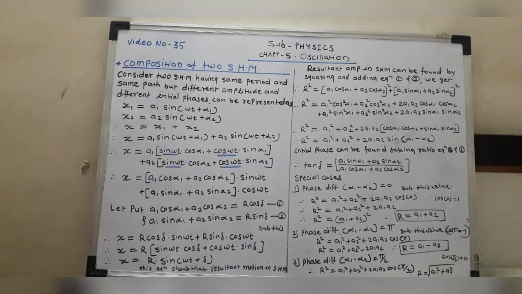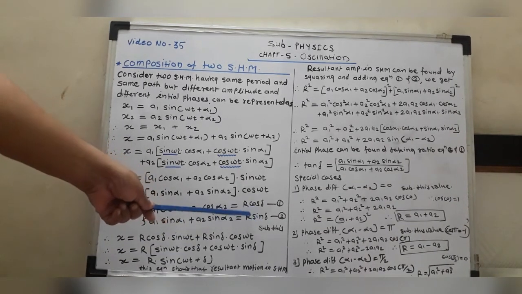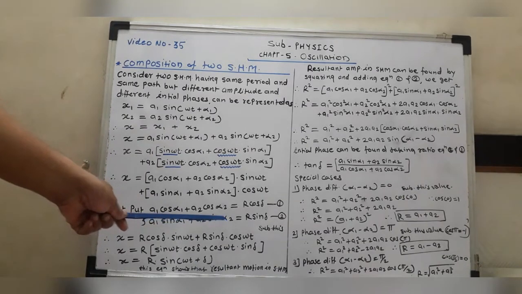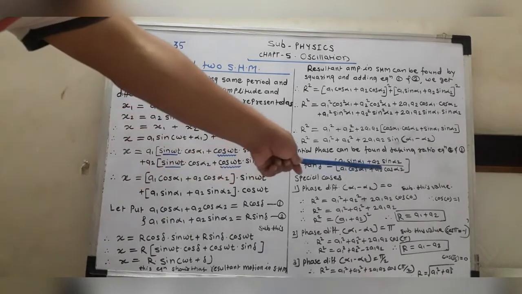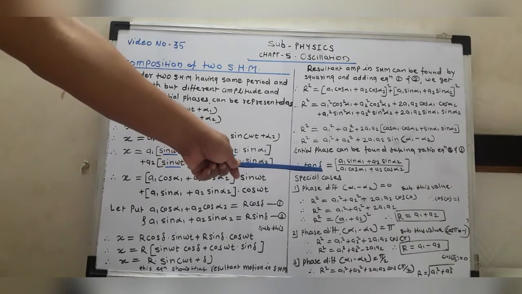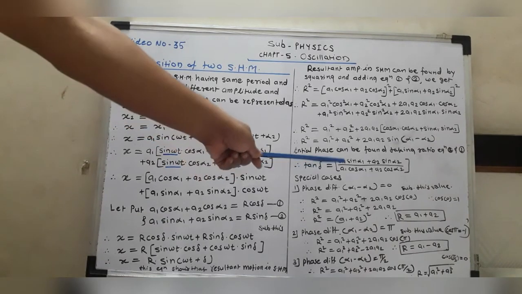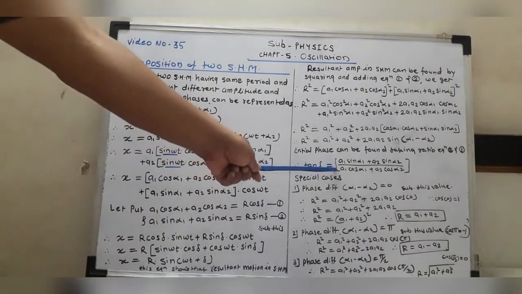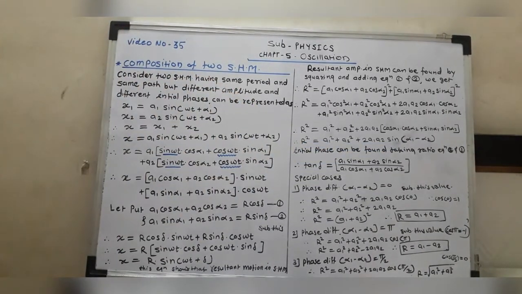We can write directly here, sine upon cos is nothing but tan delta, r cancelled, and simply (a1 sin alpha 1 plus a2 sin alpha 2) upon (a1 cos alpha 1 plus a2 cos alpha 2). Taking tan to the other side, delta is equal to tan inverse of the same bracket, that is (a1 sin alpha 1 plus a2 sin alpha 2) upon (a1 cos alpha 1 plus a2 cos alpha 2).